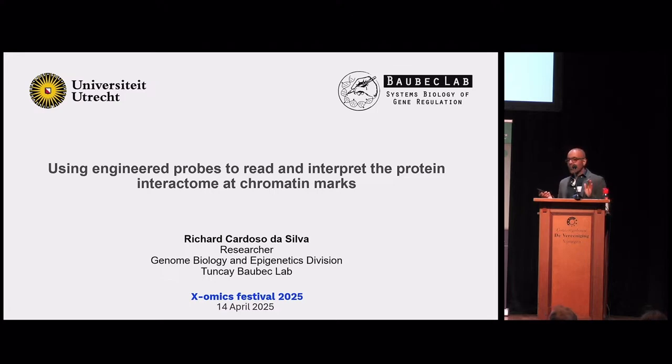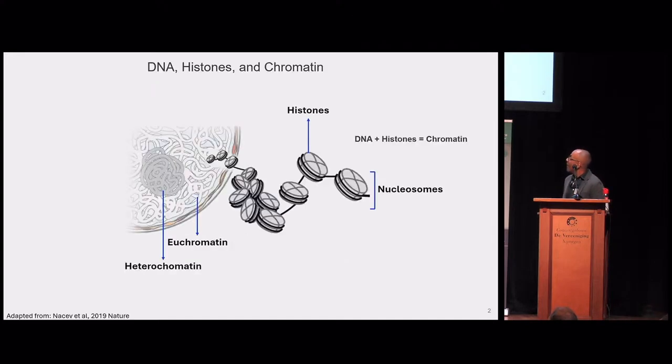Today, my talk, we're going to delve a little bit into chromatin biology, essentially trying to understand how we can use engineered probes to understand chromatin regulation. I'm just going to give a brief introduction about chromatin. As you know, chromatin is highly organized in the nucleus.